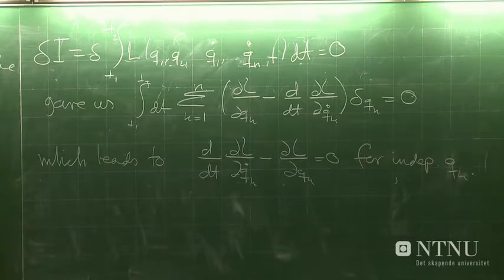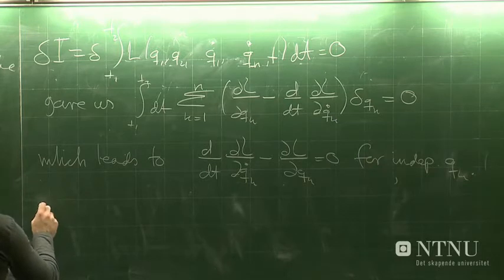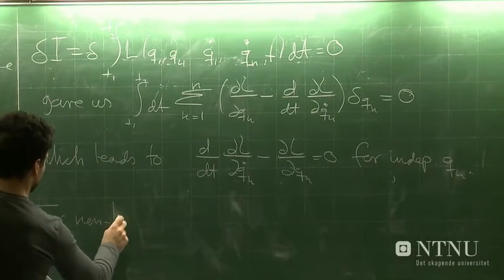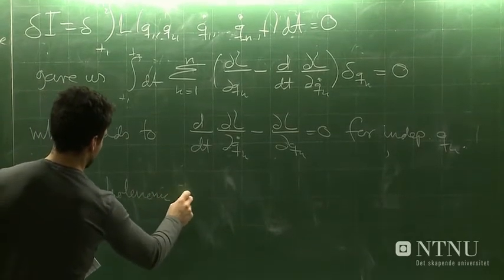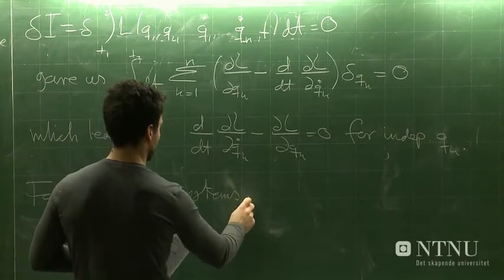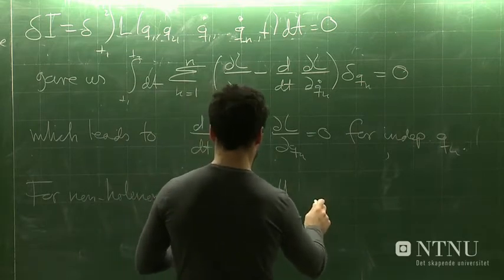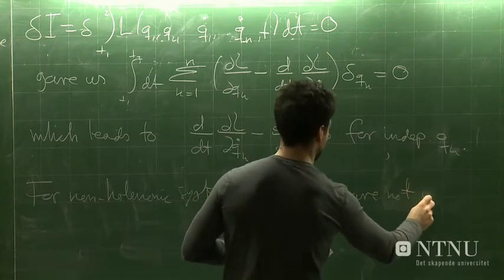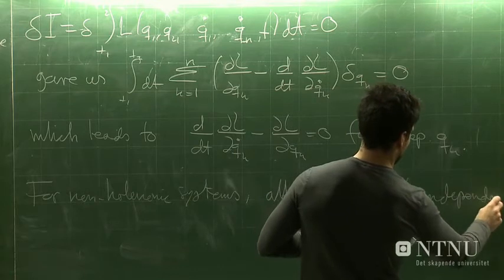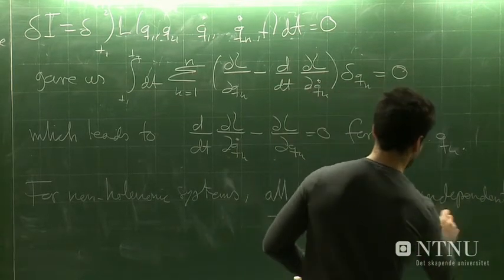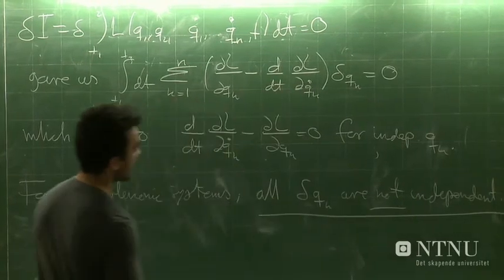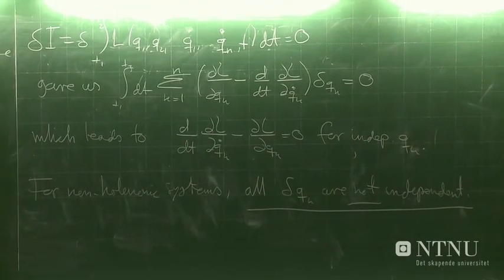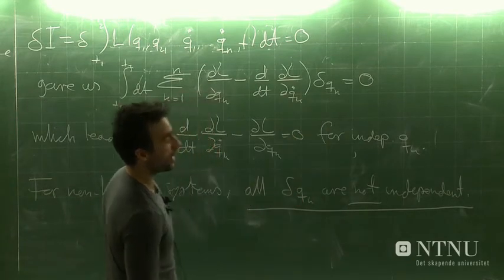So the question is then, how does this change if you have non-holonomic systems? And the main point here is that for non-holonomic systems, all of these virtual variations, delta qk, are not independent anymore.